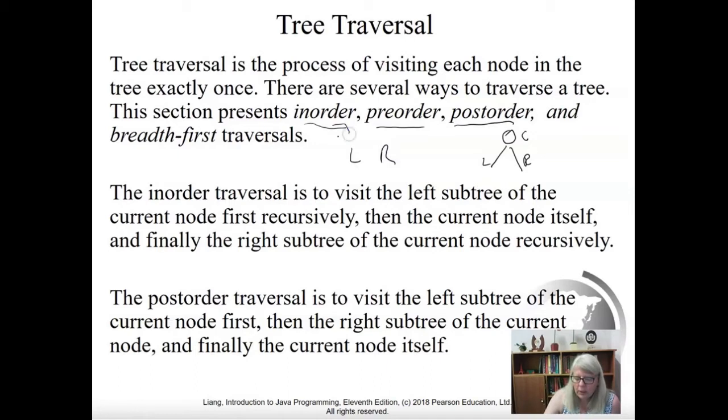So in between the left and the right sits the current one. Pre-order, what do you think? Yes, you write current, left, right, because pre means before. So the current is before the left and the right. And post-order, can you guess? Yes, it's left, right, current.